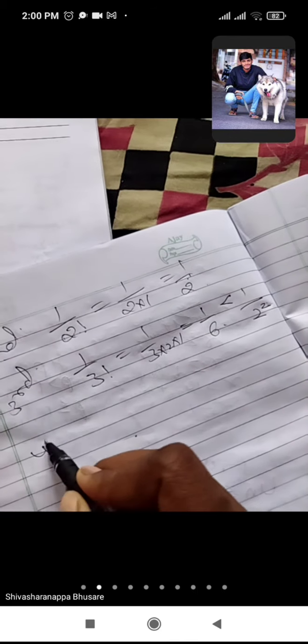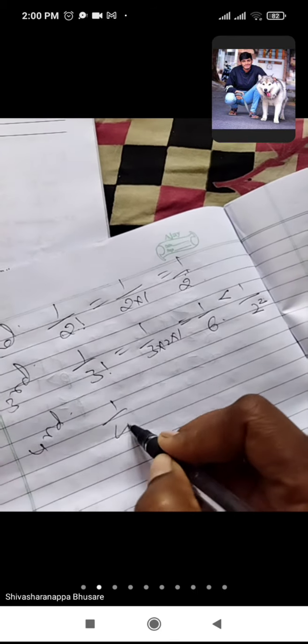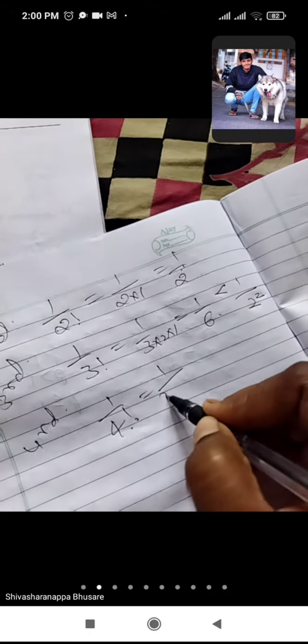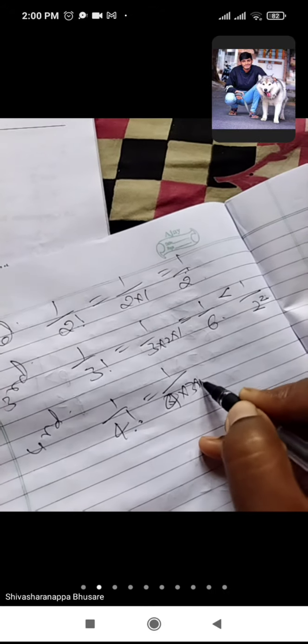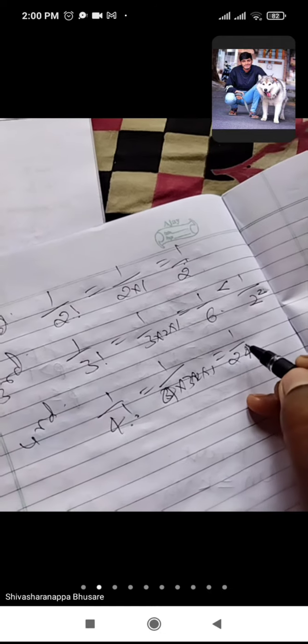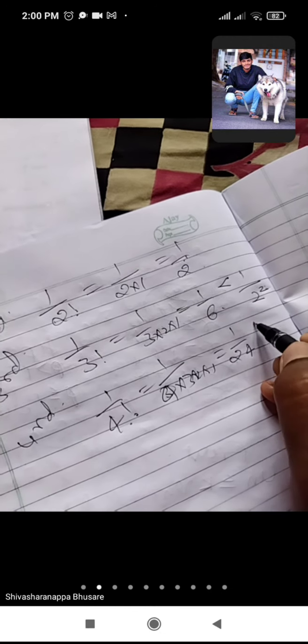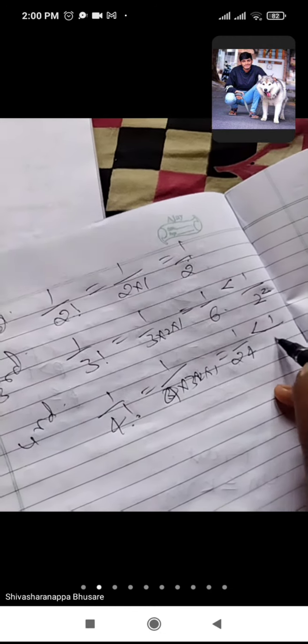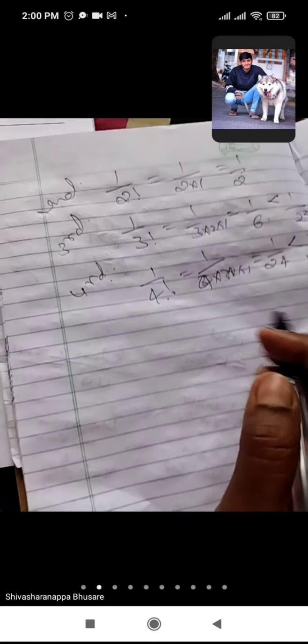and similarly we get the fourth term: 1 divided by 4 factorial is nothing but 4 into 3 into 2 into 1, which is 1 divided by 24, and it is also less than 1 divided by 2 cube. The fourth term has 2 cube.